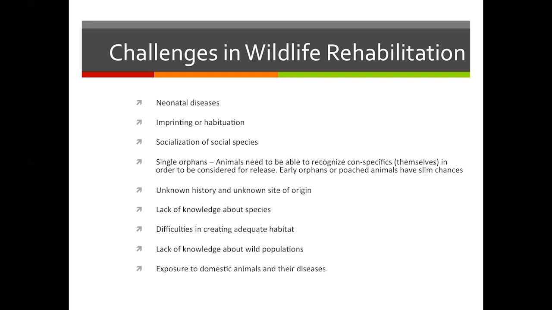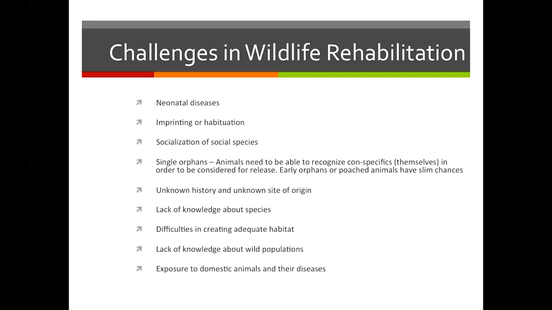And something that we try to avoid at all costs, but as is in the process of rescue with the help of the general public that doesn't know any better, there is contact with domestic animals in the process, which exposes our rescuees to zoonotic diseases from domestic animals.